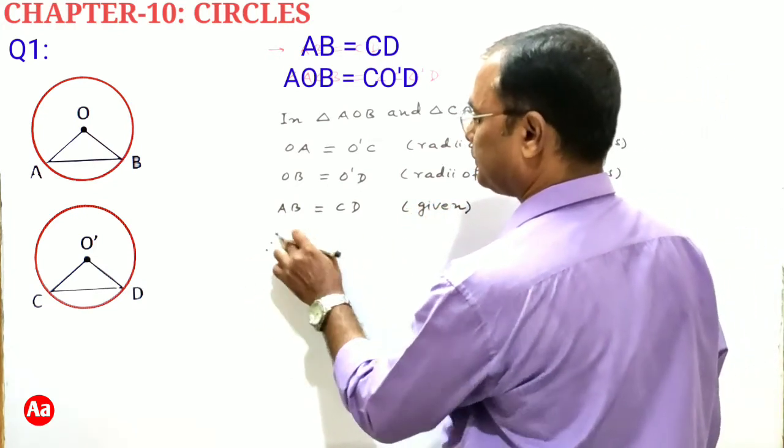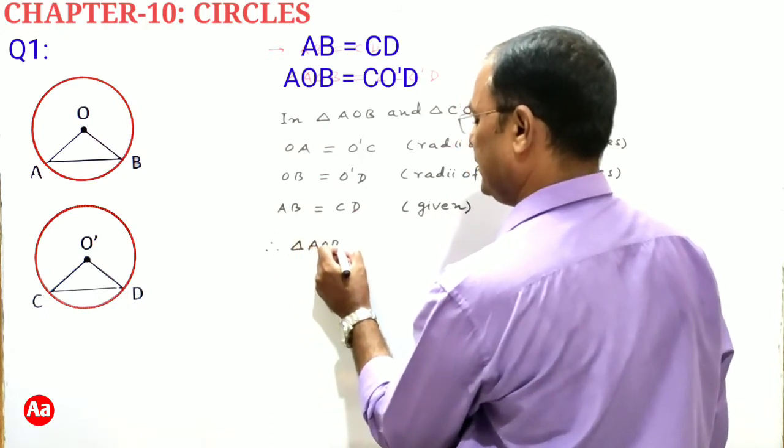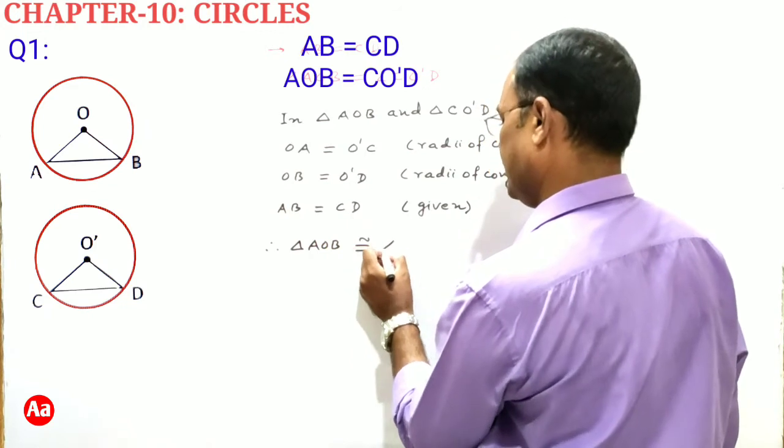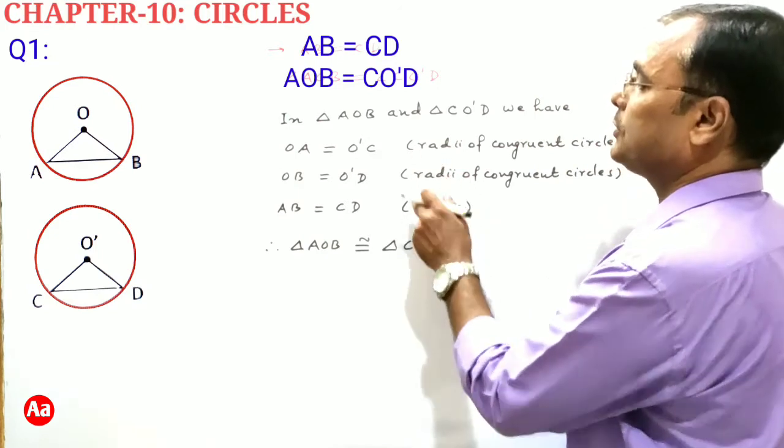Therefore, triangle AOB is congruent to triangle CO dash D. By which congruence rule?